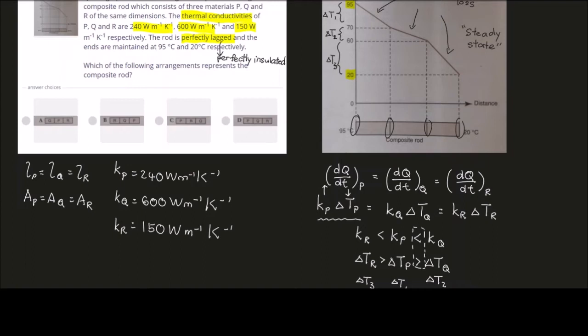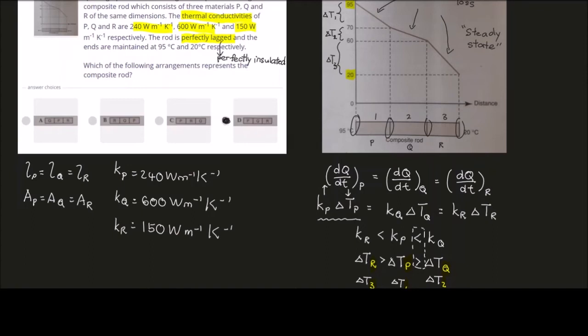So now we know that this 1, 2, 3 is actually just P, Q, R. So from here we can do a bit of matching. 1 is for P, 2 is for Q, and 3 is for R. So now we know our arrangement will be P, Q, R. Okay, therefore the answer is this.